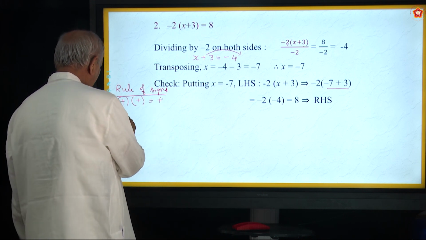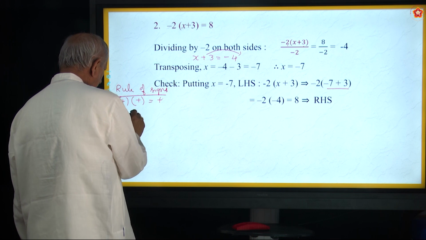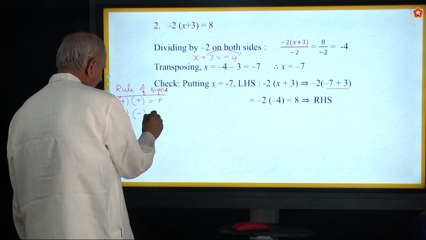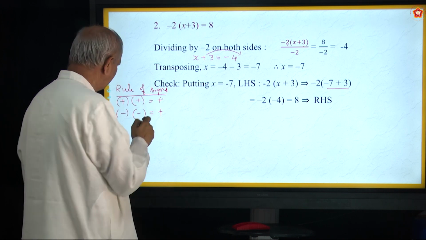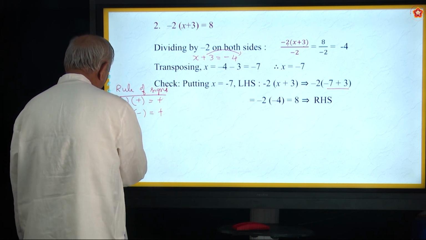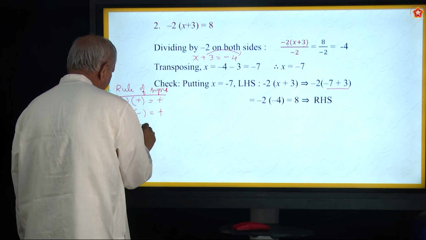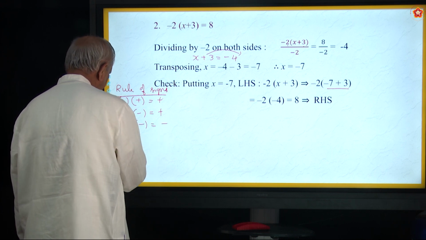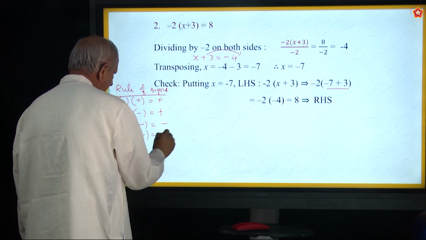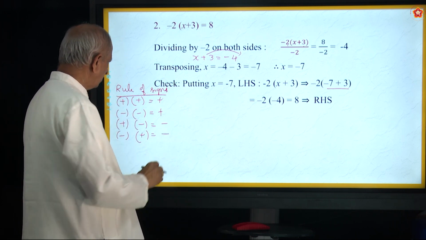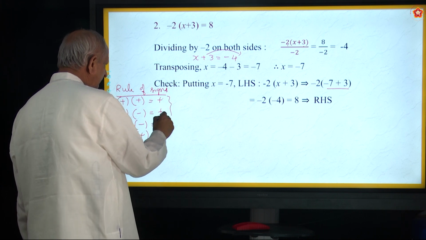Then next one, come on, minus into minus is also plus. They are called like signs. Then you have plus into minus is minus. Minus into plus is minus.